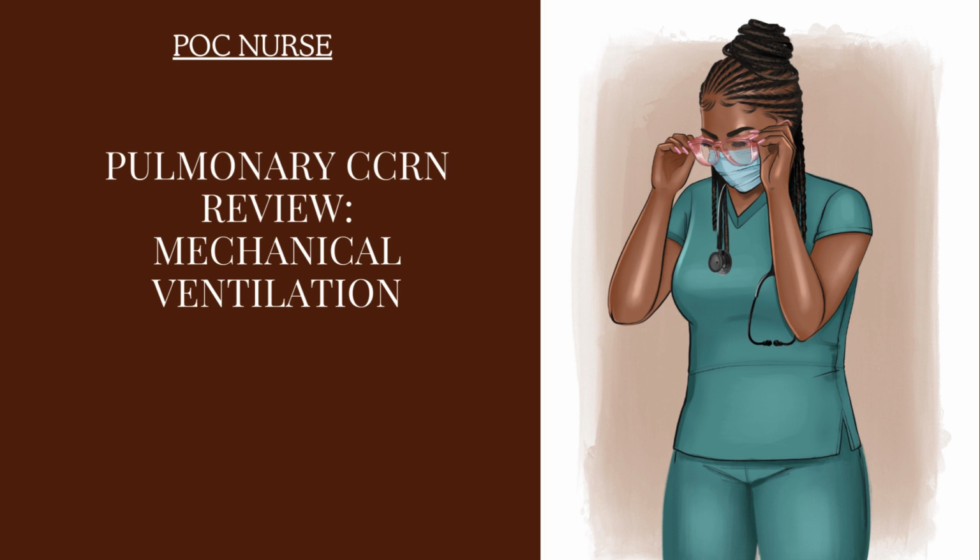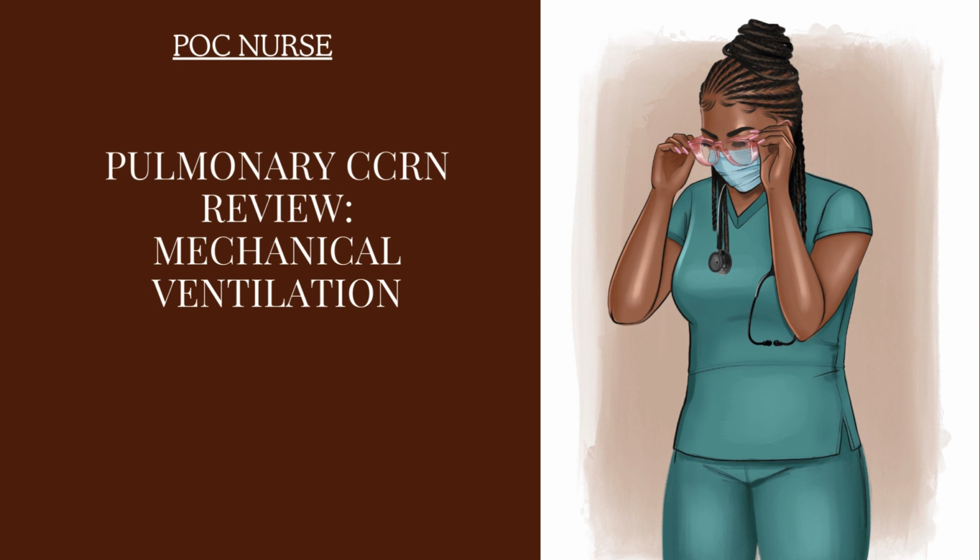So because of that, for the asthma patient, we want to set the ventilator to have a short inspiratory time and a long expiratory time so that they can have adequate time to clear the airways of air.